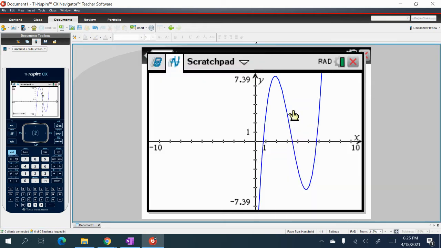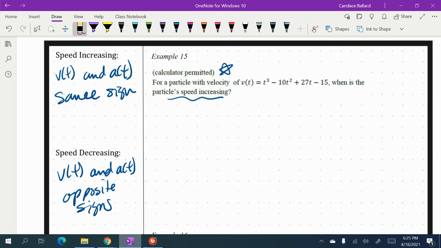I know this is my velocity graph. Go to the left, go to the right. I know one of my critical numbers is going to be 0.746. So the first thing we've done is set the velocity equal to 0 to find the time.